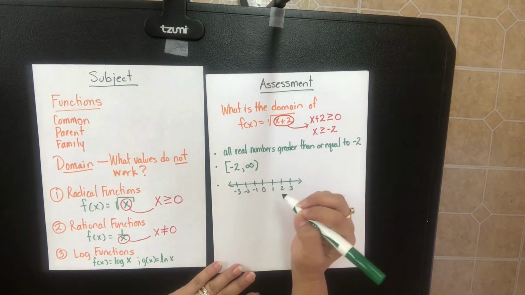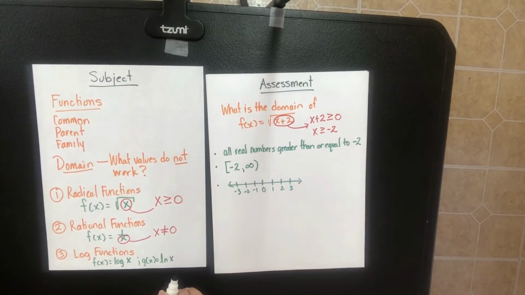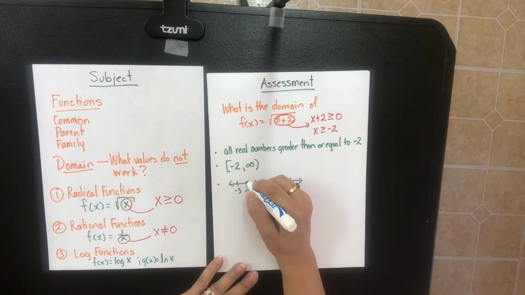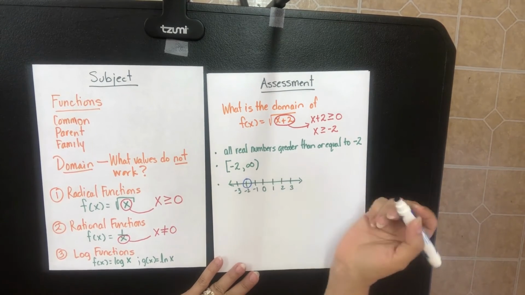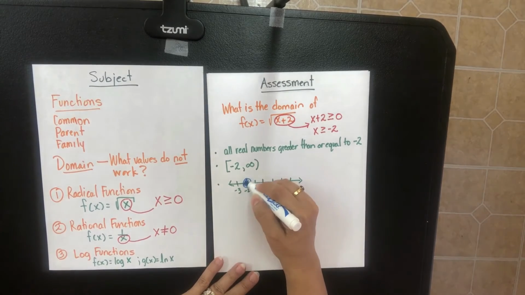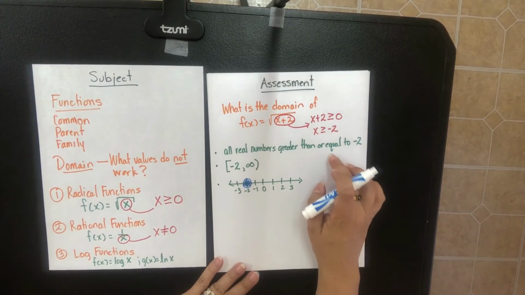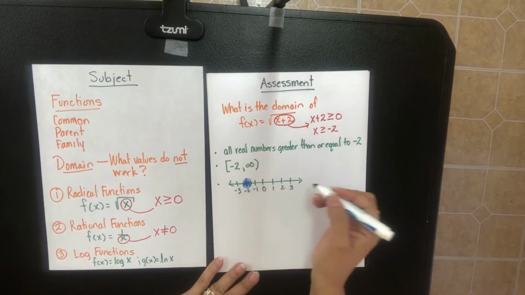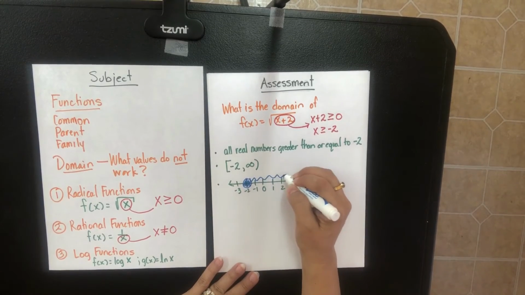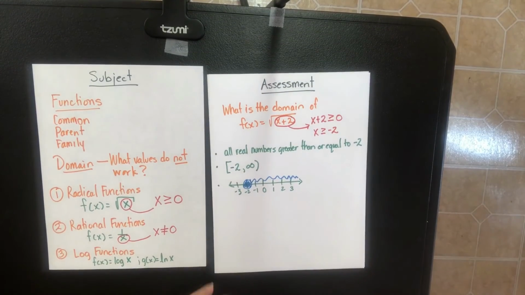I go to -2, and I'm going to use a different color. Let me use blue. -2, and I'm going to shade this in because it's equal to, and I want all the numbers to the right. That's all of this.